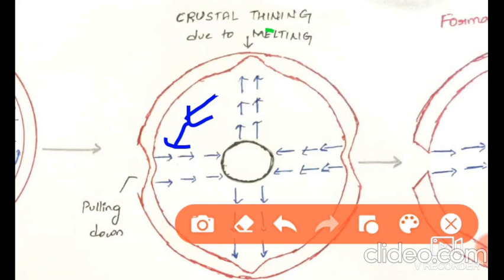Now, at a point of divergence, the convectional current melts the primitive crust, which leads to crustal thinning followed by crustal breakage. Whereas, at a point of convergence, the downsinking convectional current pulls down the primitive crust, which gets melted due to prevailing high temperatures at greater depth.